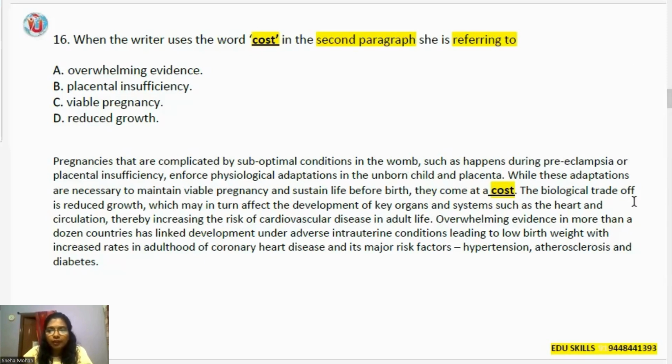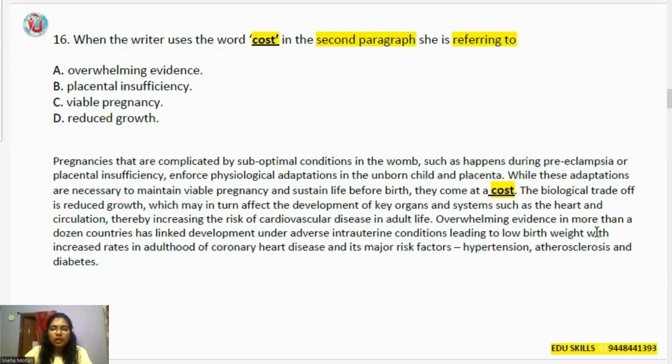The biological trade-off is reduced growth, which may in turn affect the development of key organs and systems such as the heart and the circulation, thereby increasing the risk of cardiovascular disease in adult life.